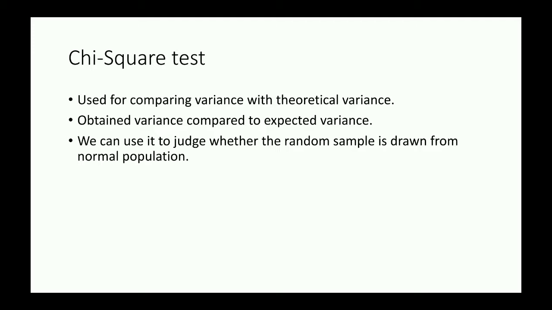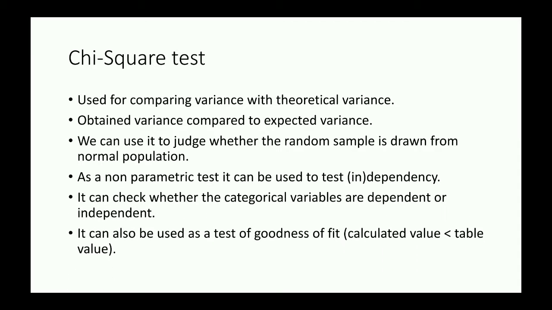Talking about the non-parametric way, as a non-parametric test it can be used to test the independence or dependence of a variable on another variable. So you can know whether a variable is statistically related or associated with another variable or not.